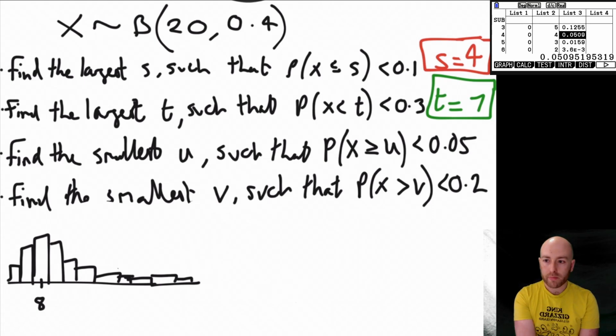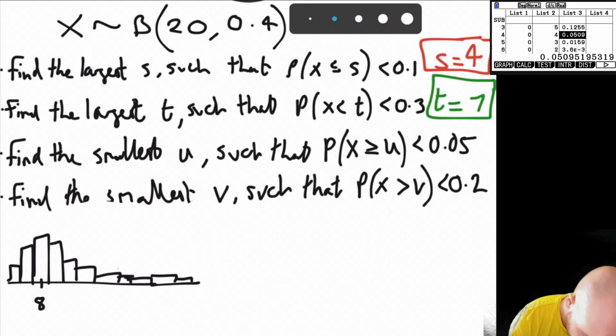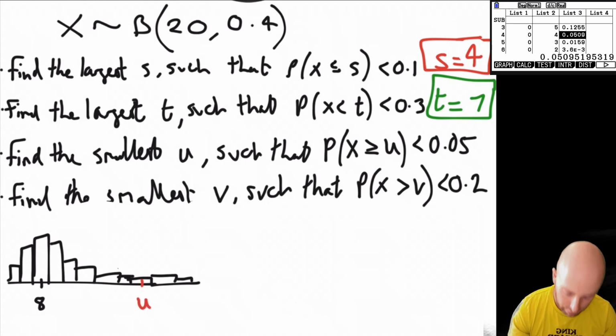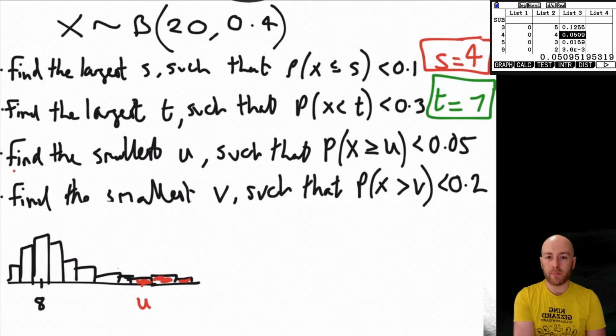So, the smallest u, such that the probability of being greater than u is less than 0.05. So that means that u is going to be up there. We're talking about greater than or equal to, so I can shade in the u box and the ones above it.